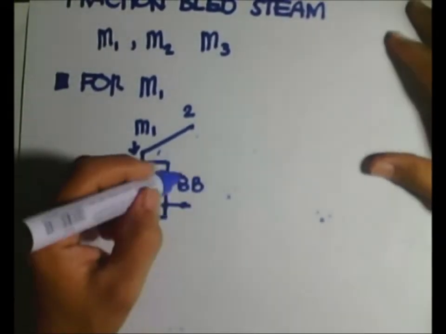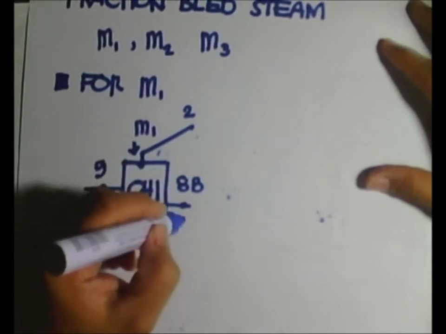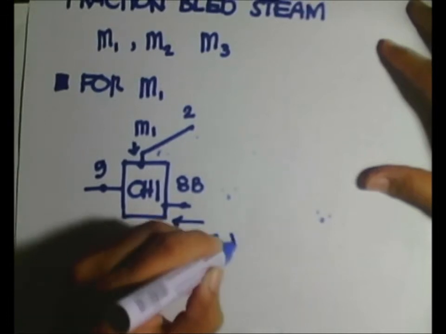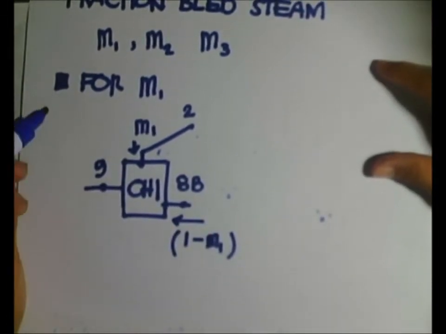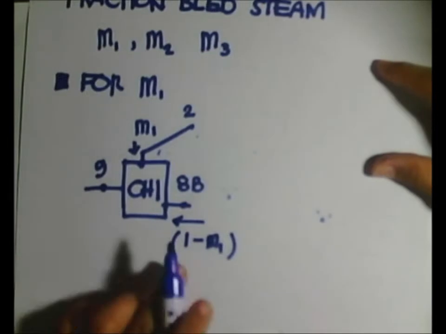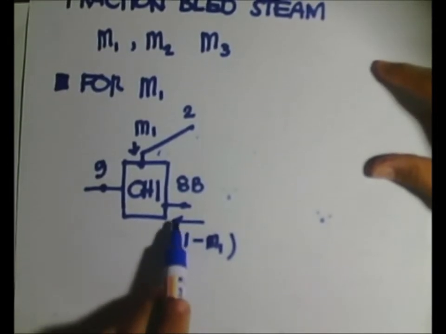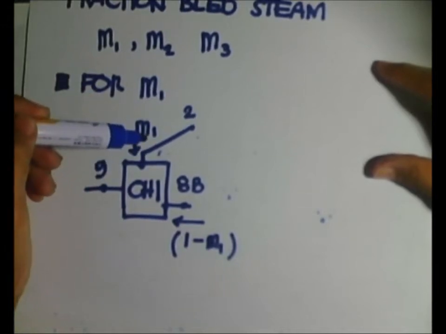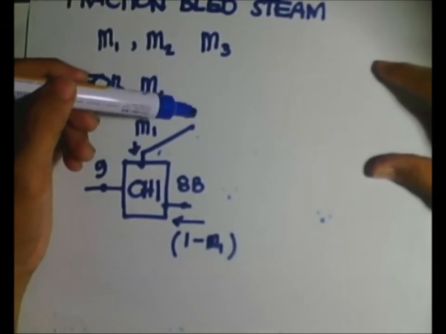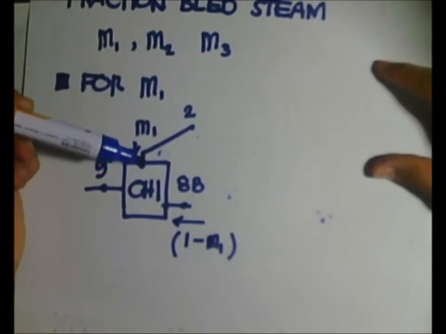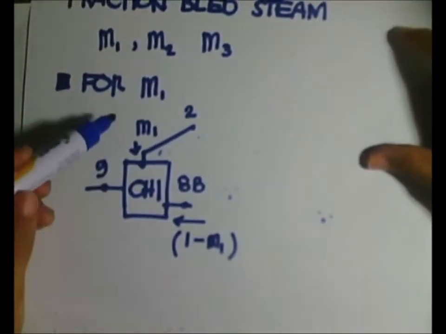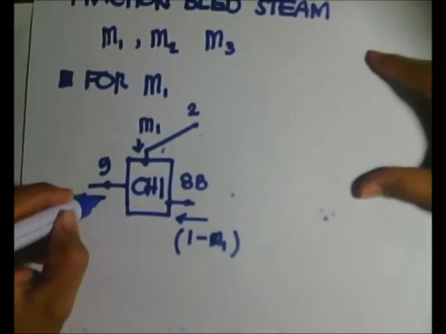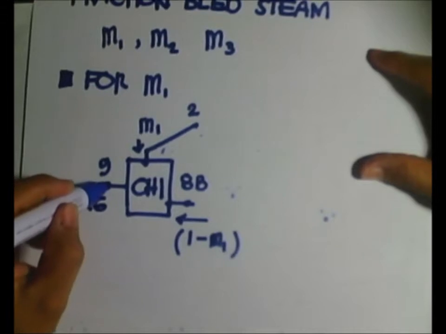Okay, so what enters here would be 1 minus M1, and this 1 minus M1 amount of saturated liquid comes in contact, mixes with M1 here, that fraction that is being extracted at point 2, and they would mix so that this will just be the 1 kilogram basis that we had.